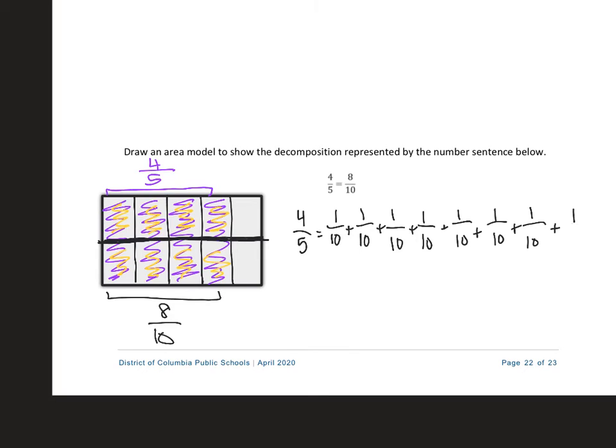And then 8 times: 5, 6, 7, 8. 4/5 is equal to 1/10, 8 times. So I can also write 4/5 is equal to 8 copies of 1/10, and that's still going to give me 8/10. Okay?